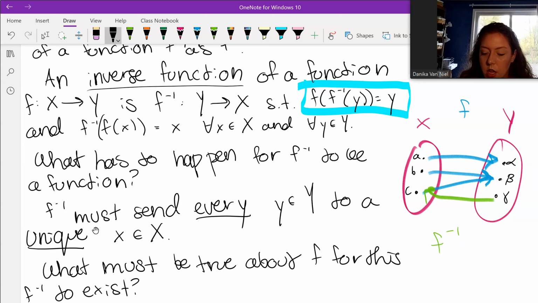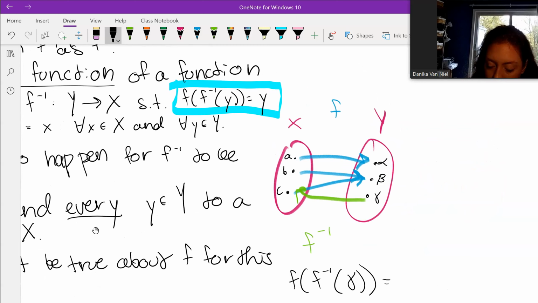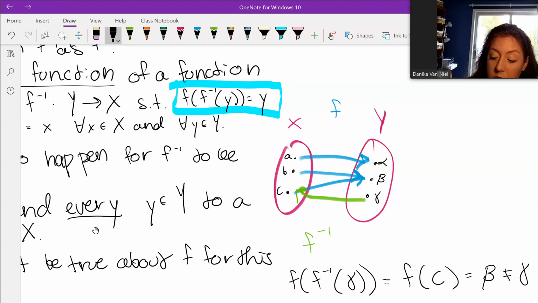Okay. So we have f of f inverse of gamma. So f inverse of gamma, that's just going to be C. So f of C. All right, and then f of C goes to beta. Beta is not equal to gamma.